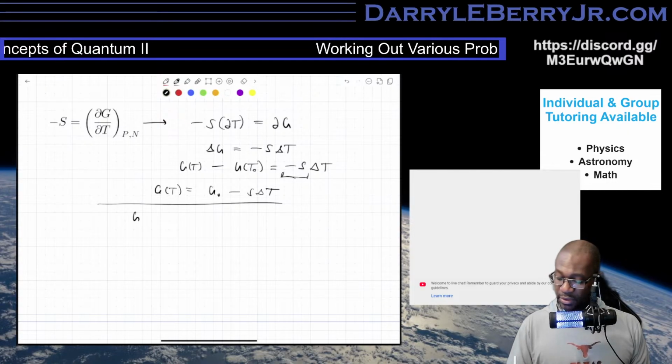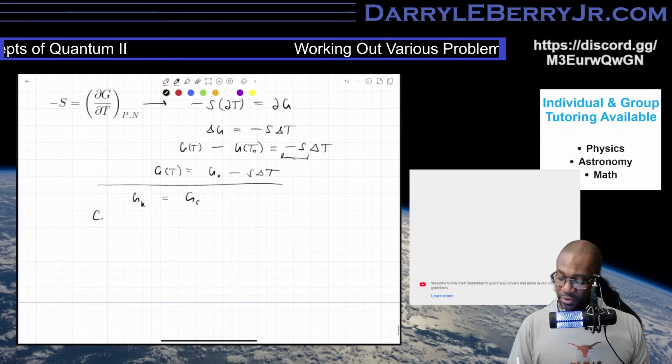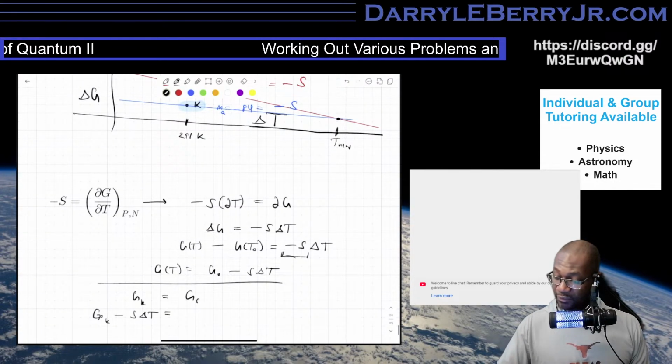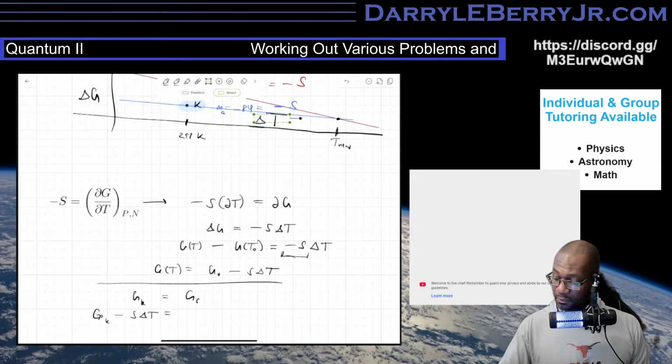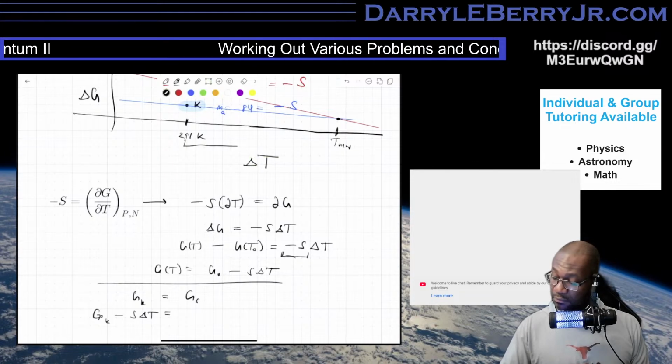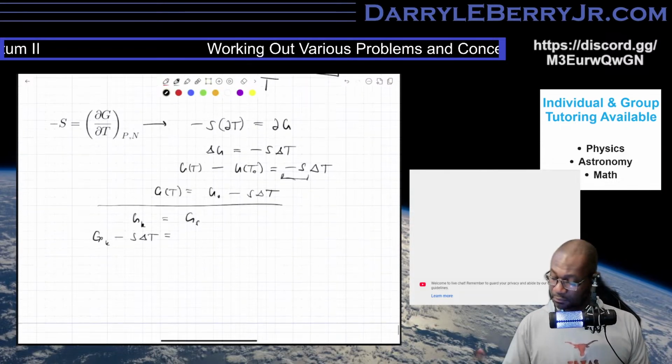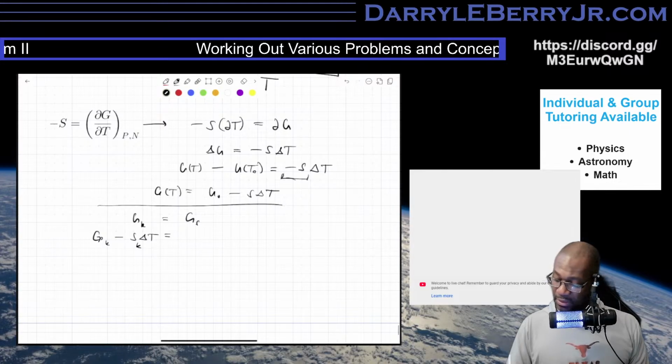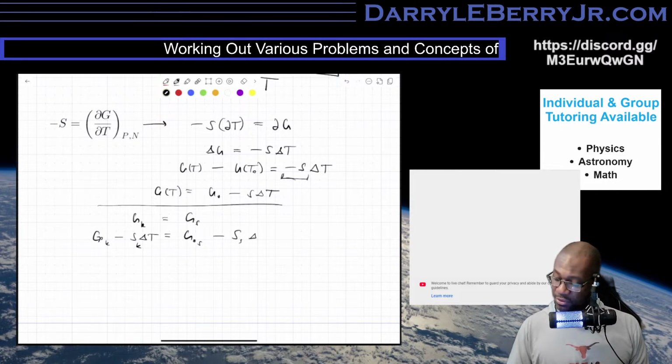So we can say GK equals GS, which means G naught K minus S change in T. The change in T will be the same for both of them, which will be this change here. And this is SK equals G naught S minus SS change in T.